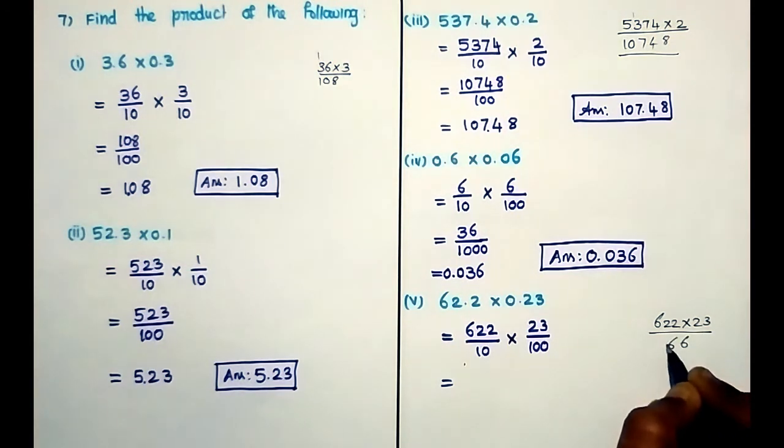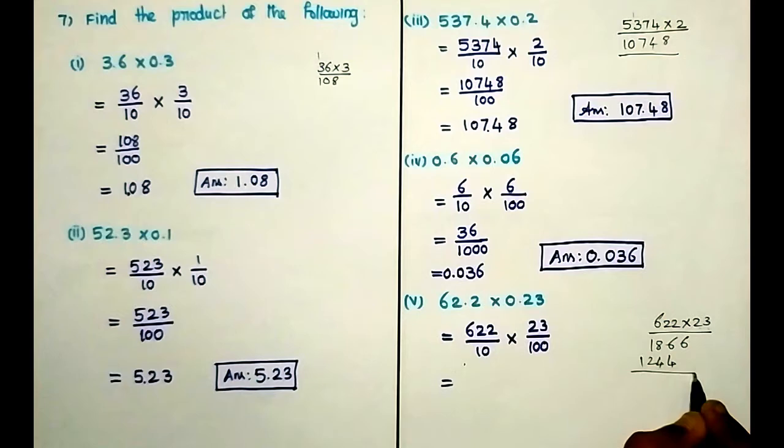Again 2 3s are 6. 6 3s are 18. 2 2s are 4. 2 2s are 4. 6 2s are 12. 6 10. So 0, carry over 1, 9 plus 4, 13, carry over 1, 4, 1.